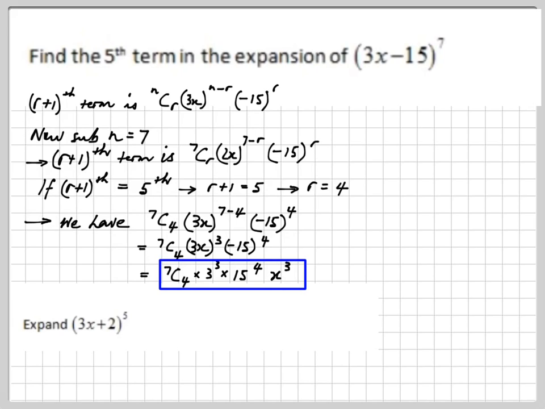Okay, what do we do now? We have to expand this. I think that's the last one for today: (3x plus 2) to the 5. I've used the laborious capital sigma notation.